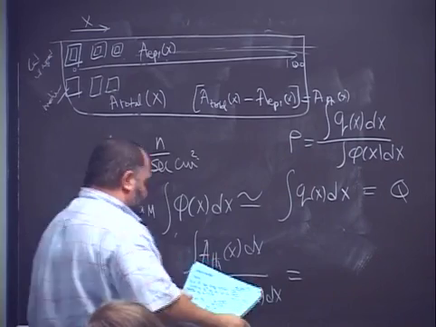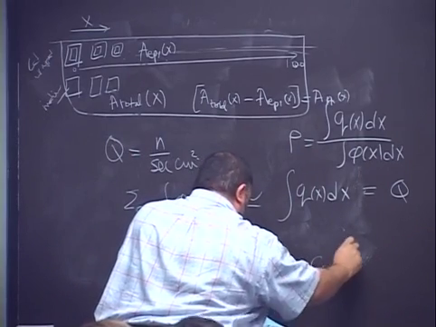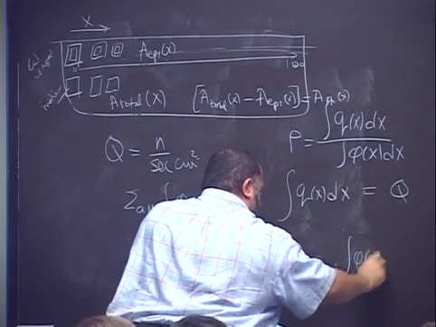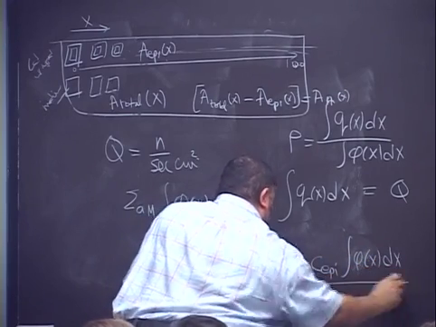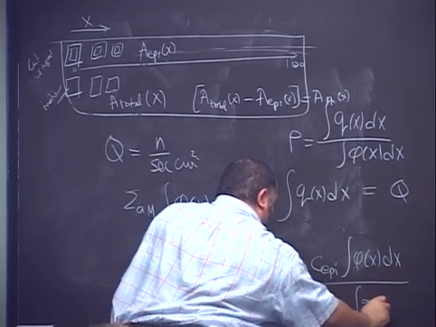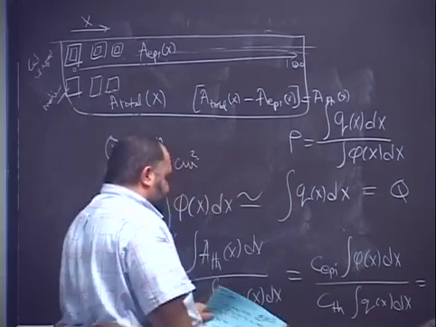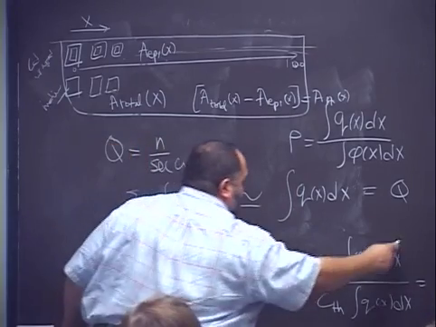So you can just substitute here with C epithermal phi of x dx divided by C thermal of Q of x dx, and then what are these two ratios?